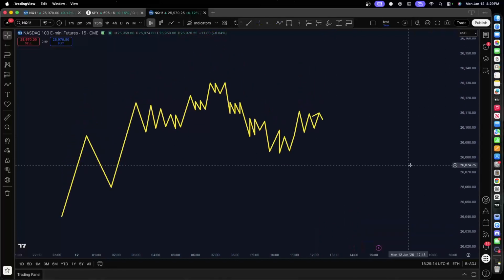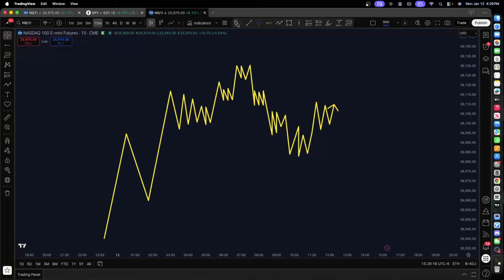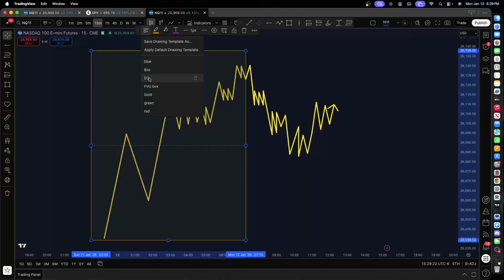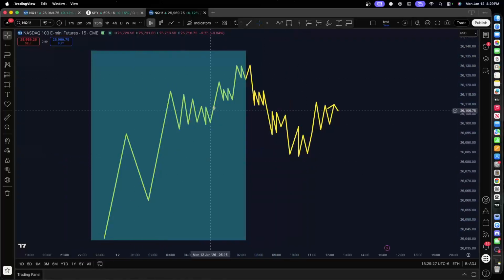Okay, so looking at this, what do we have here? Talking about trends. This is an uptrend. All of this is an uptrend, right? Low, higher low, higher lows, higher low, higher low. Bam, great.